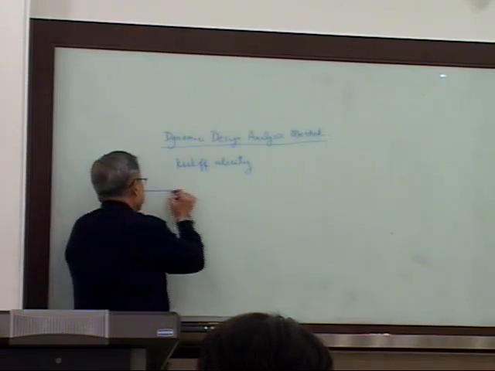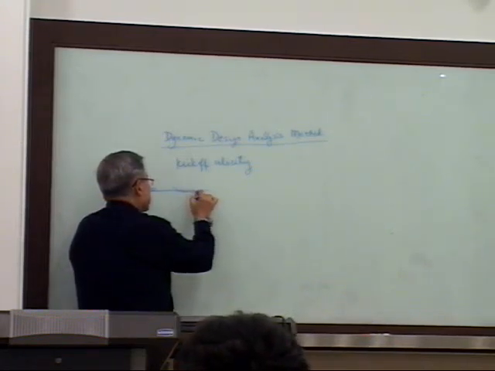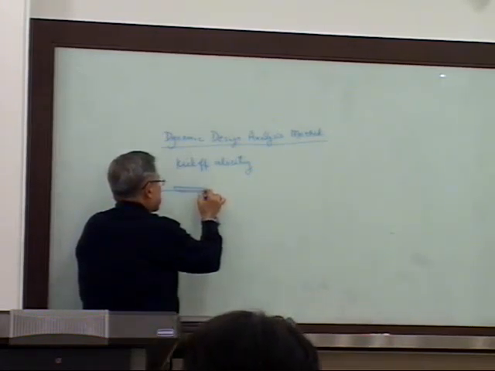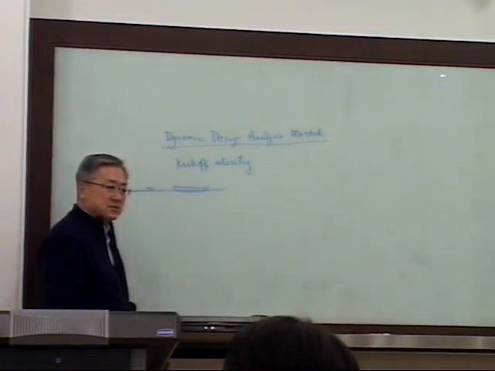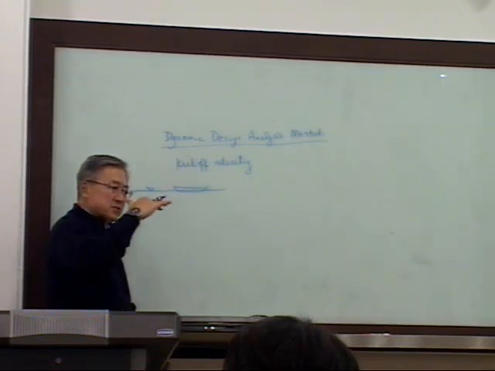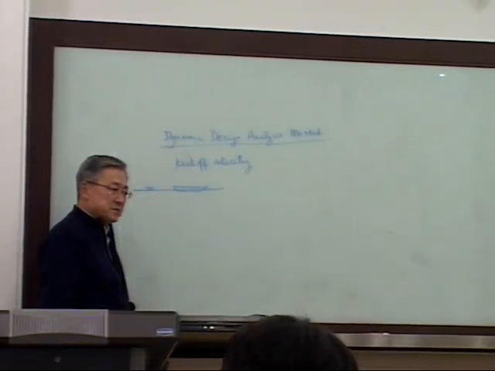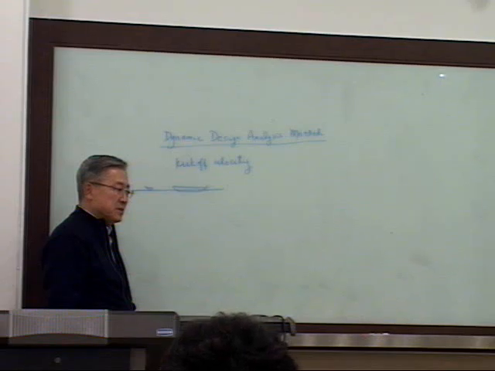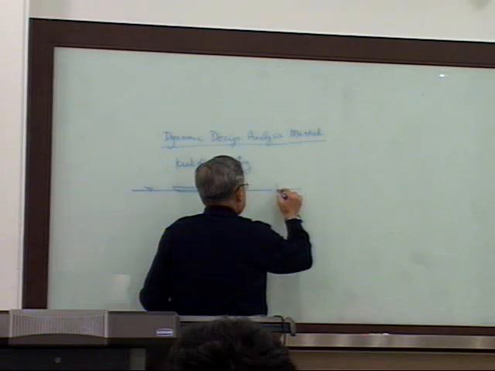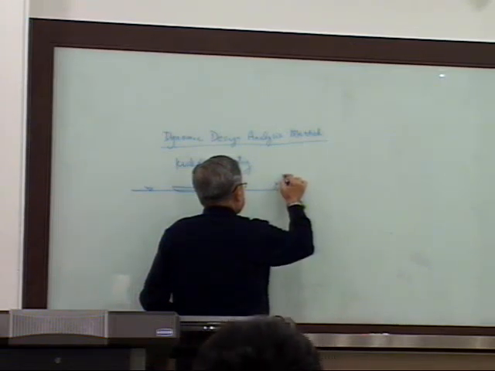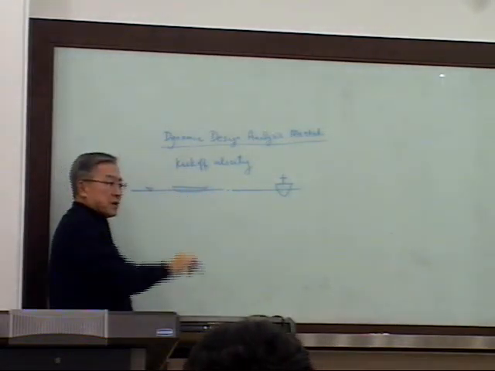So you have a ship. It doesn't matter whether it's a ship or a submarine. When you say the ship is in neutral buoyancy and floating on the free surface, you can draw the ship this way, or you can draw the ship by looking from the other directions, right?